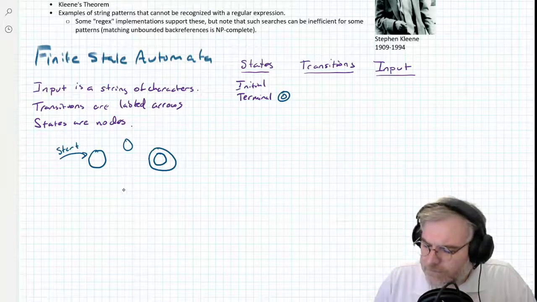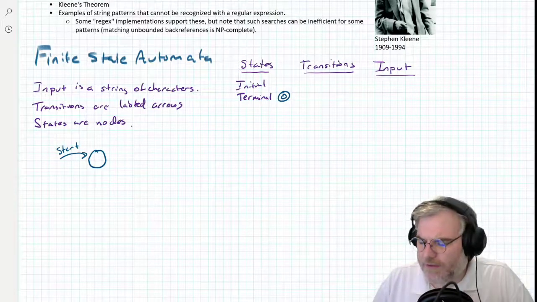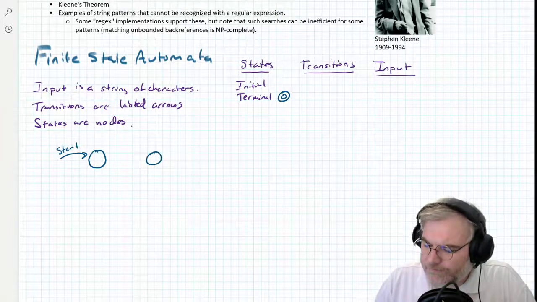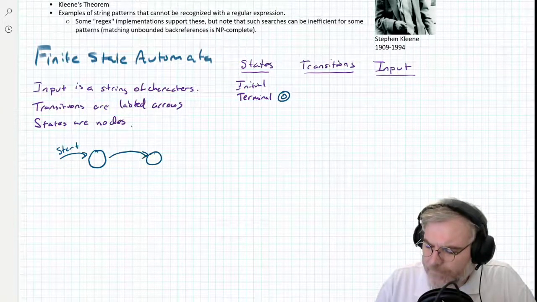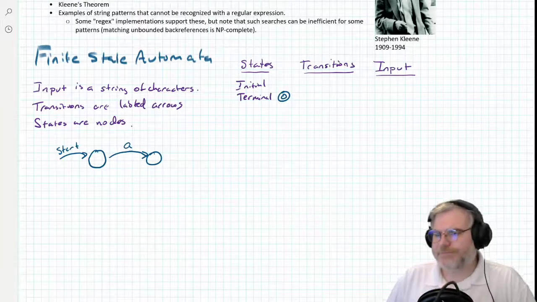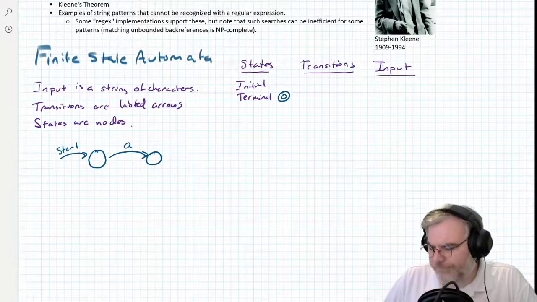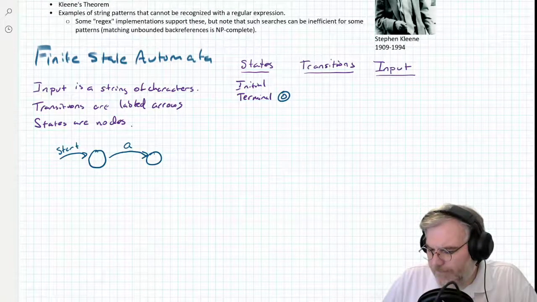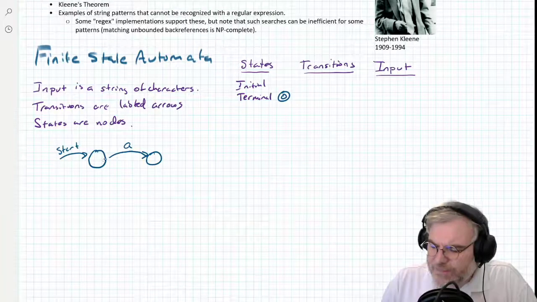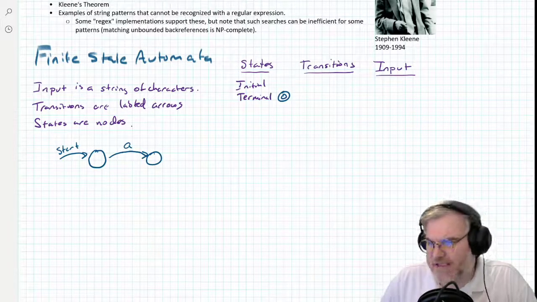Now, let's do a particular one. Now, when I do a label, let's say I read the letter A. If this thing reads the letter A, it moves to the next state.